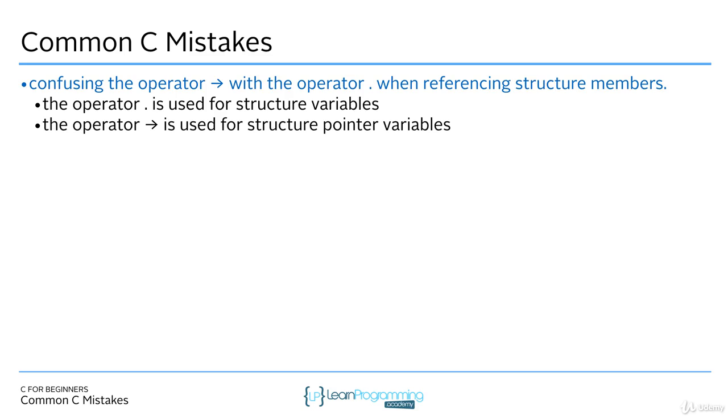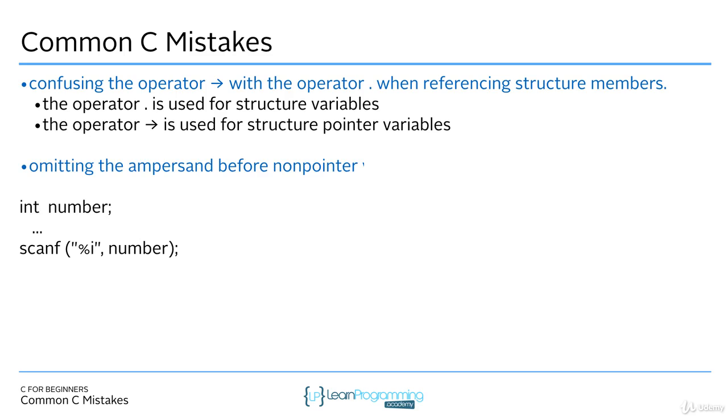All right, so if you have a pointer that's pointing to a structure, that's how you access it. If you have a structure that's not a pointer, then you access it using the dot operator. A lot of times the dot operator and the dash greater than are used incorrectly. Dot for non-pointers, dash greater than for pointers. This will become clear in more of our examples.